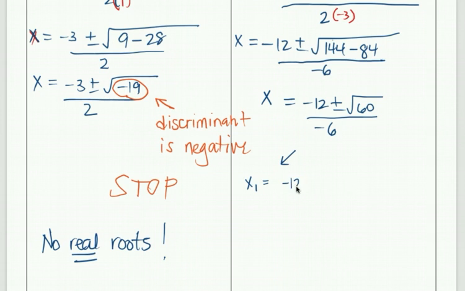We have negative 12 adding the root 60, all divided by negative 6. And then we have negative 12, subtract the root 60, all divided by negative 6. All right, so there are the two roots. Feel free to stop there.